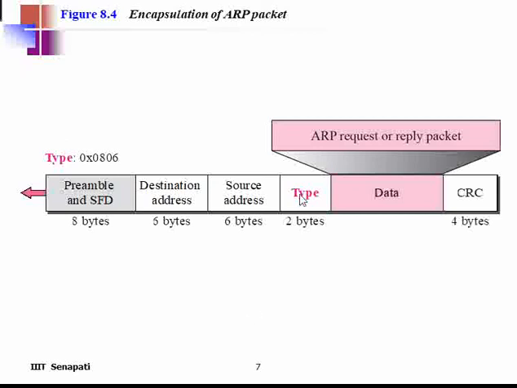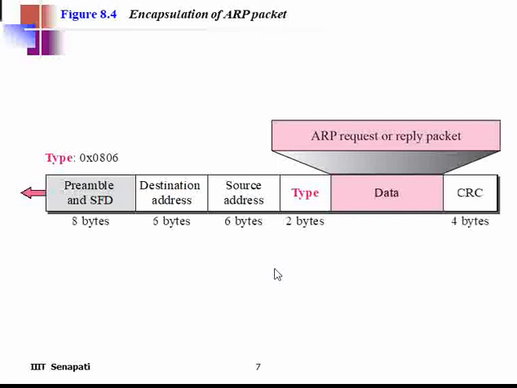It is defining the type, meaning the protocol which is being used, right? Here, ARP. The other things are the preamble, destination and source address, and CRC. This is the data link frame, right? So this ARP is encapsulated directly in the data link frame.